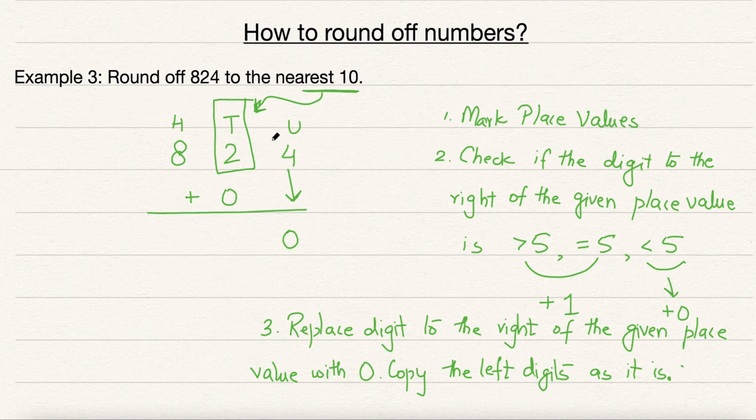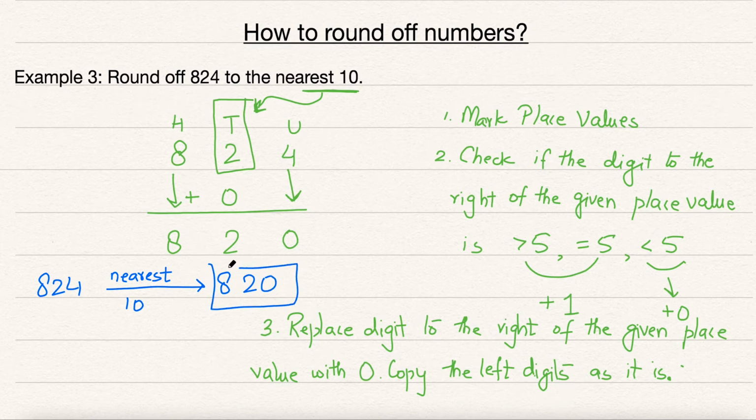Replace the digit to the right with 0. Then you will add 2 plus 0 is 2. And you will copy the digit to the left as it is. When you round off 824 correct to the nearest 10, you will get 820 as the result. This is your final answer.